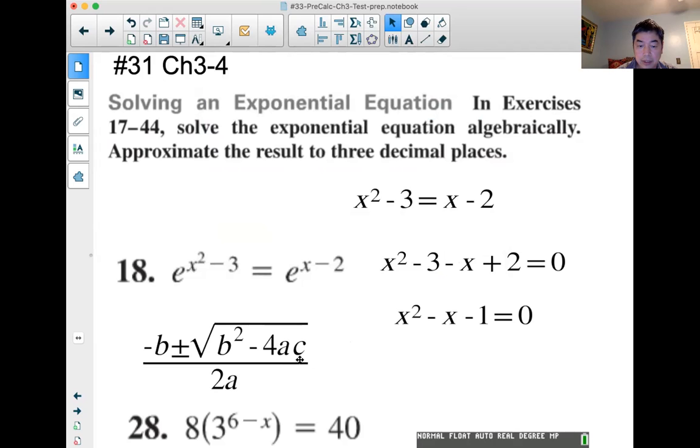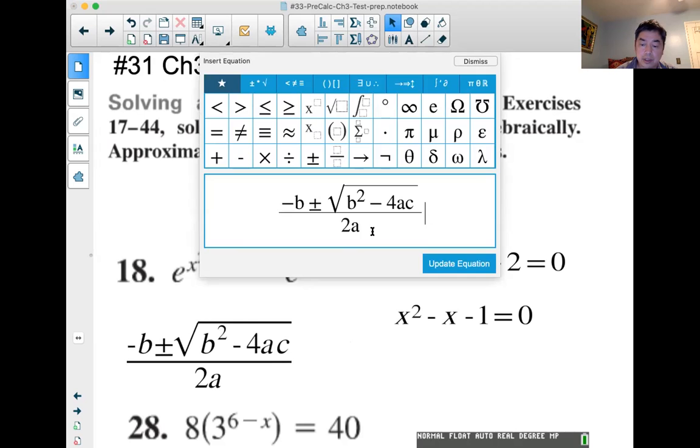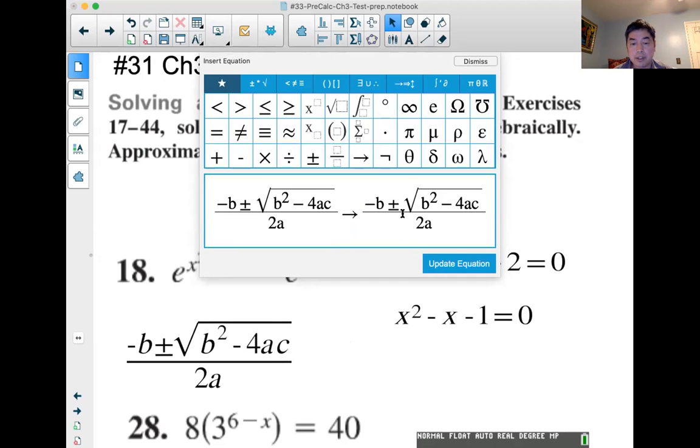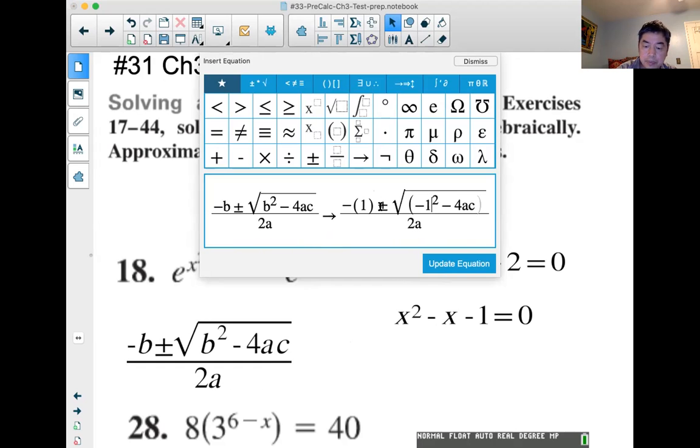So you have to identify which is which. I plug in this one, and cut and paste here, negative 1. So you have to put negative 1 here, negative 1 here. 4 times a, a is 1, I put 1.